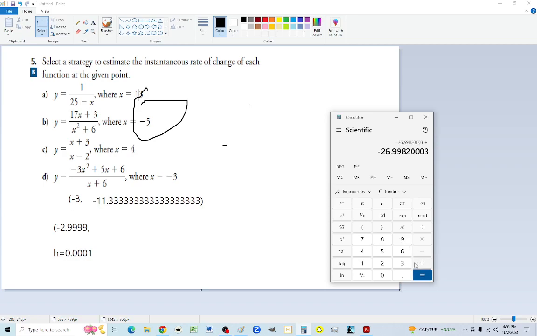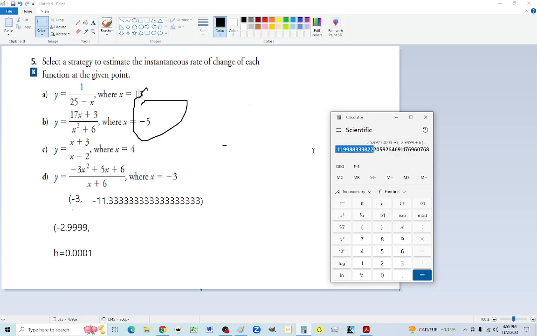Then I'm going to add it to 5 times it, and then add 6. I'm going to hit equals, and divide it by x, open brackets, my new x, plus 6, close brackets. And I'm going to get that.